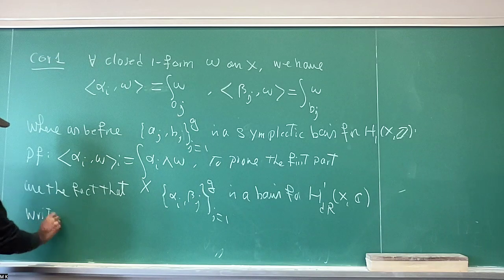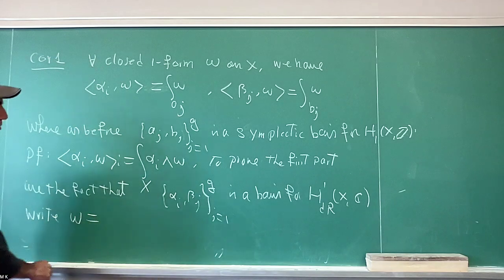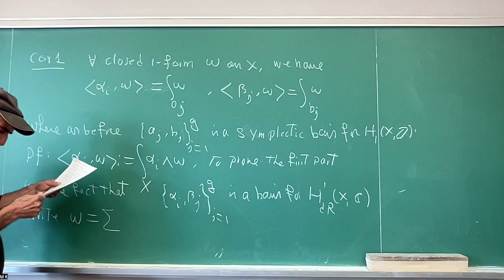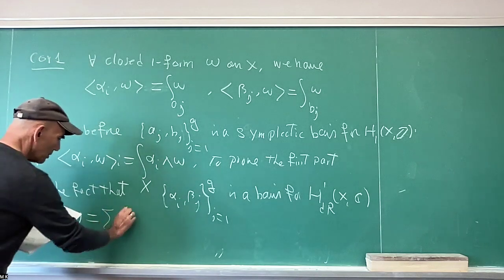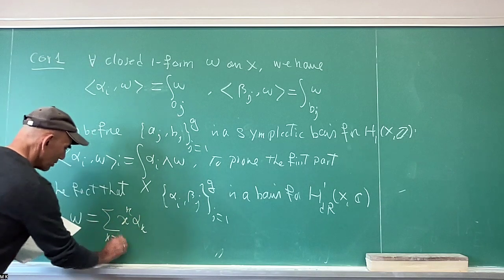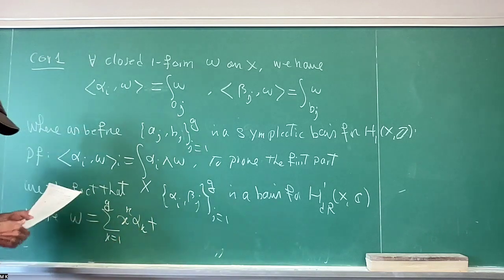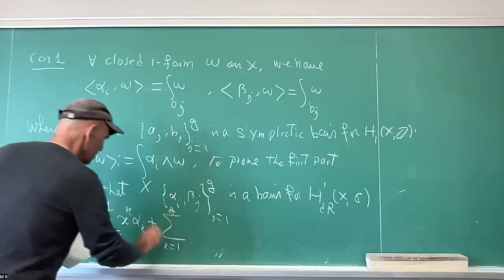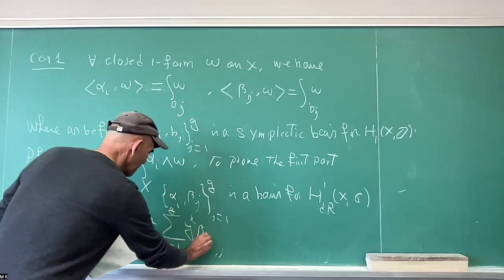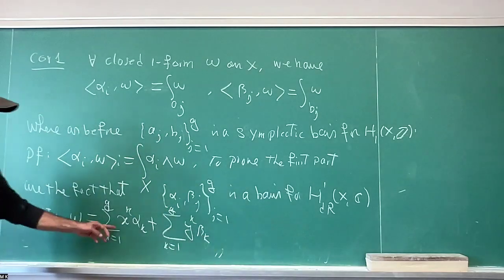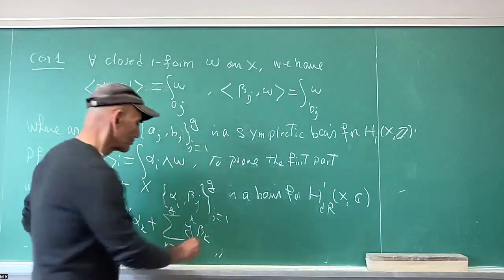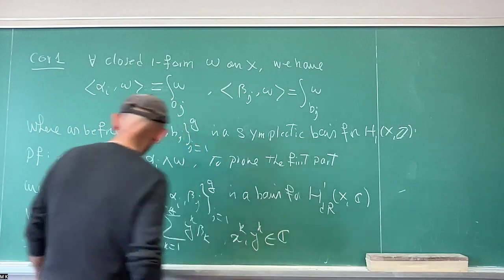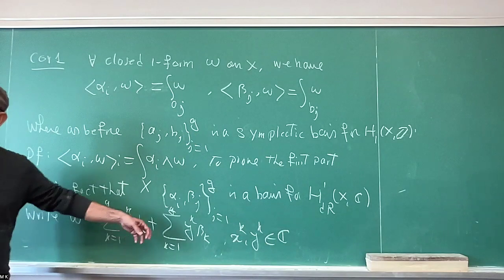Then you just write omega as the sum over k from 1 to g of x_k alpha_k plus the sum, again k from 1 to g, of y_k beta_k, where x_k and y_k belong to the complex numbers, such that you can write any closed one form as a linear combination of these basis elements.